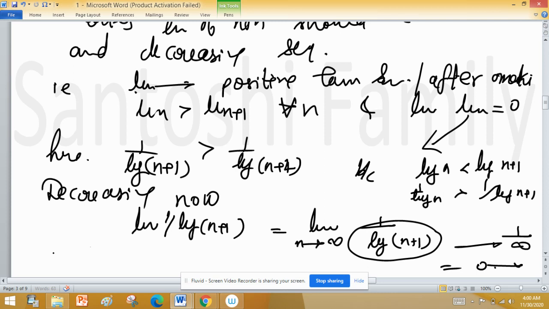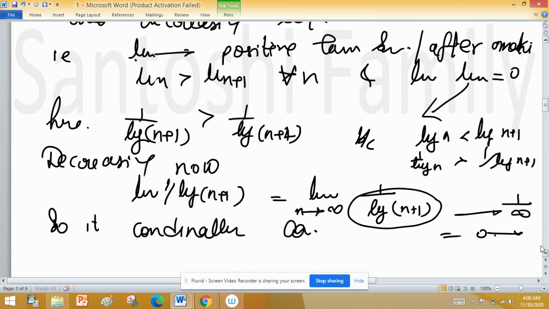So it is conditionally convergent, and an is absolutely convergent.